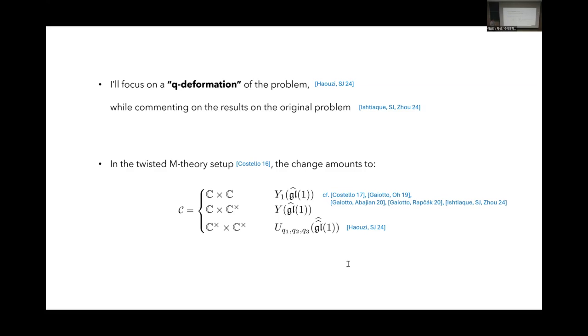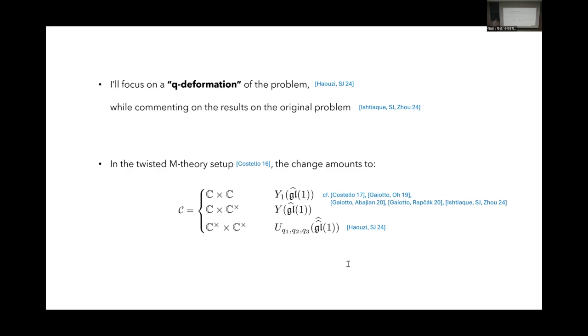In the physical setup that I talked about, there's some M theory background that's playing a role here, and there's a choice of a complex two-dimensional space, which I call C, and this C can be chosen to be C square, C times C star, or C star times C star, and depending on this choice, the involved algebra changes.